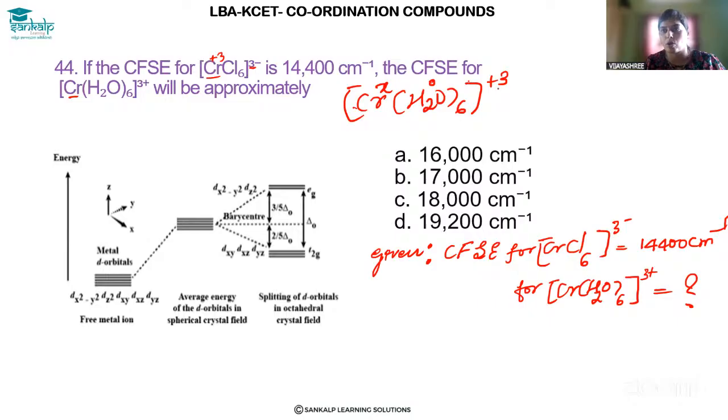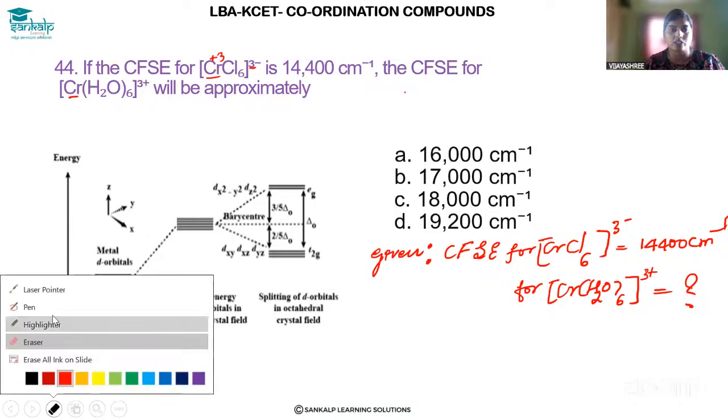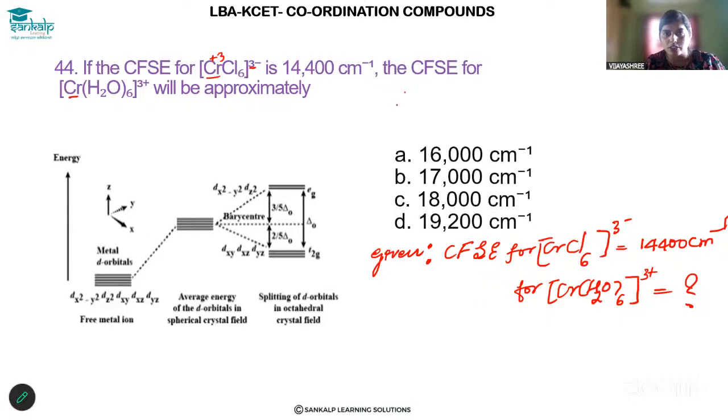The net charge over the complex is +3. Now X plus 6 times 0 equals +3, which implies X equals +3. So in both complexes, chromium is in +3 oxidation state.